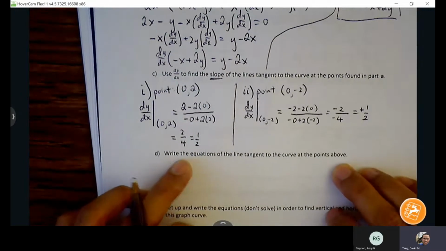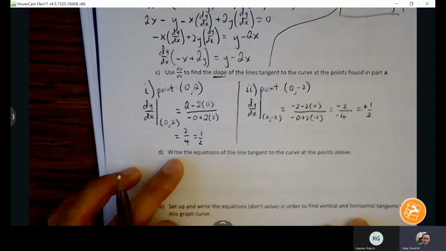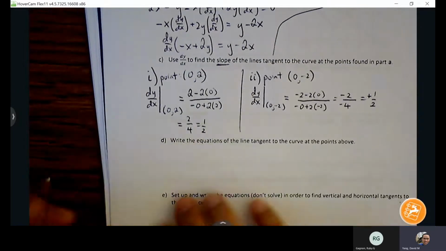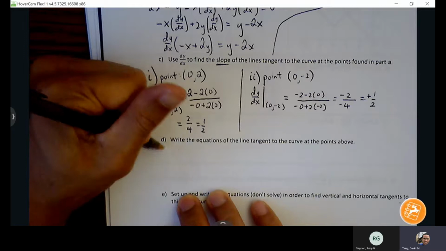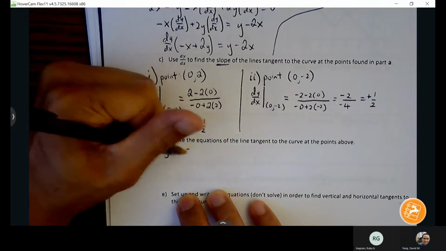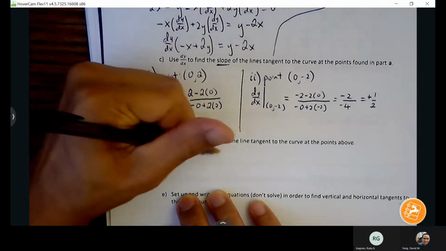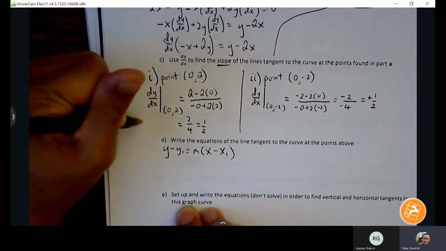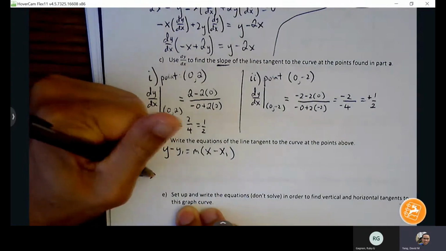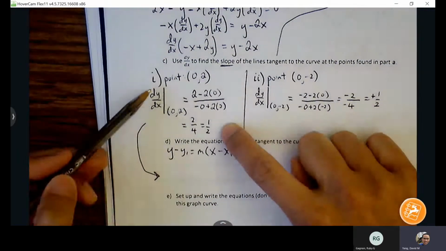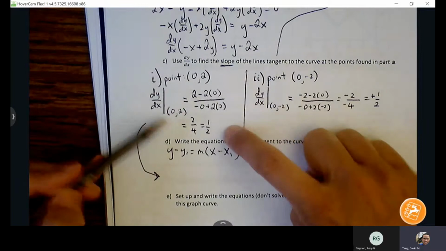Okay, write the equations of the lines. So tangent line equation means we're going to go through y minus y1. So I'm going to write a tangent line equation for this piece of information, this ordered pair and this slope.